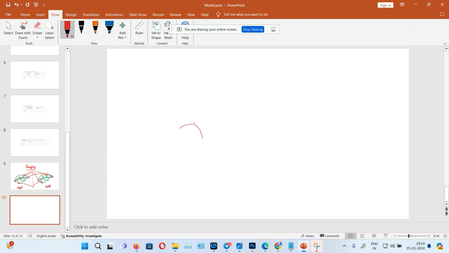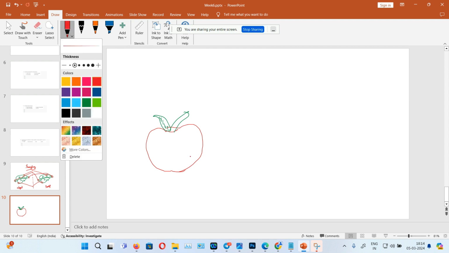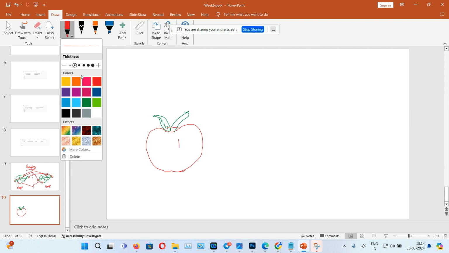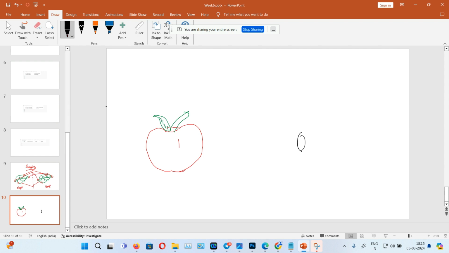Let this apple be my object, and I am seeing it using my eye.